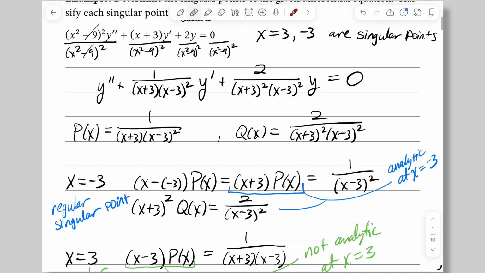Going back up here to our functions p of x and q of x, we can now identify a regular singular point as being associated with a factor in the denominator of p of x that doesn't appear with an exponent bigger than 1, or in q of x that doesn't appear with an exponent bigger than 2.